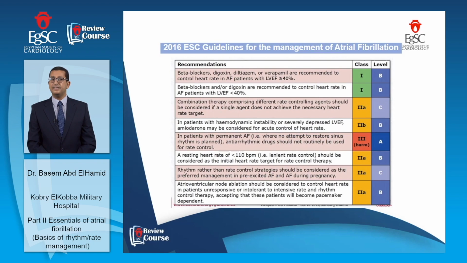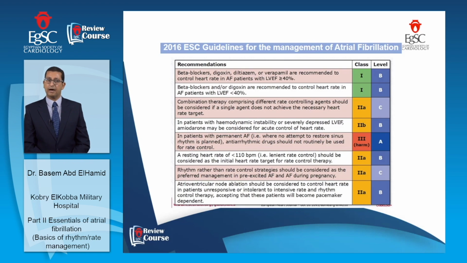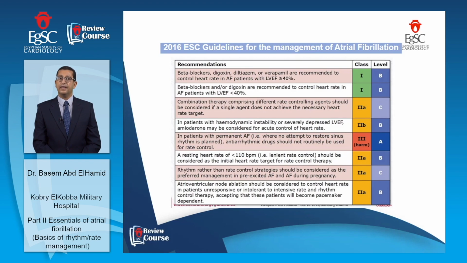The ESC guidelines 2016 said that beta blockers, digoxin, diltiazem, or verapamil are recommended to control heart rate in patients with left ventricular ejection fraction equal to or more than 40, class 1. And beta blocker and/or digoxin are recommended to control the heart rate in AF patients with an ejection fraction less than 40, class 1.